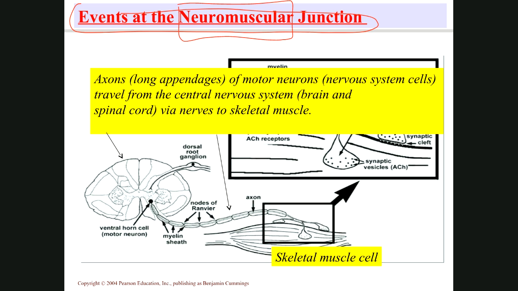And the little body of the neuron is inside the spinal cord, but the axon of that neuron leaves the spinal cord and begins to travel, sometimes a very long distance, all the way to the skeletal muscle cell that it is going to stimulate.